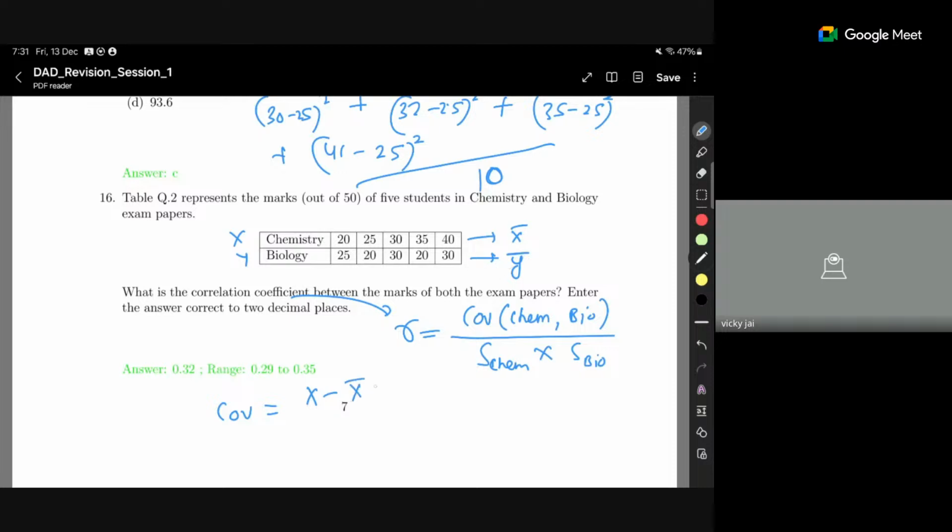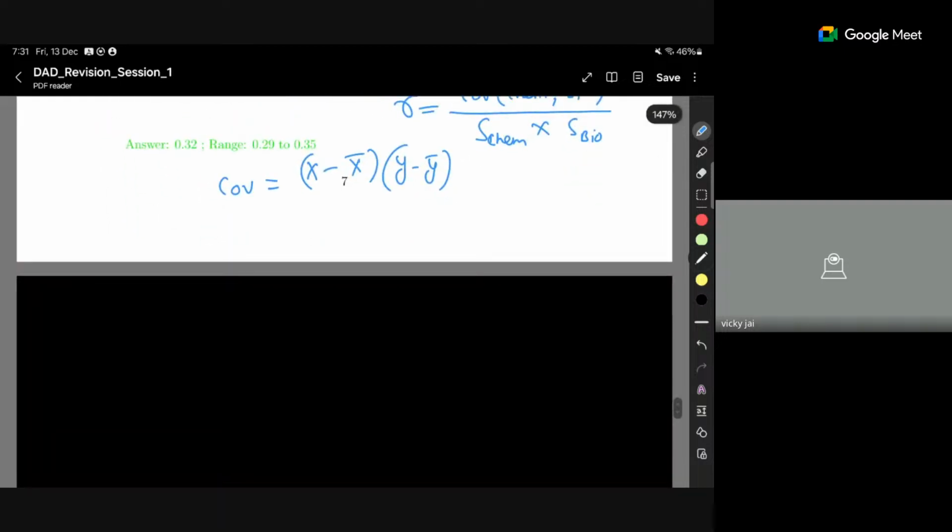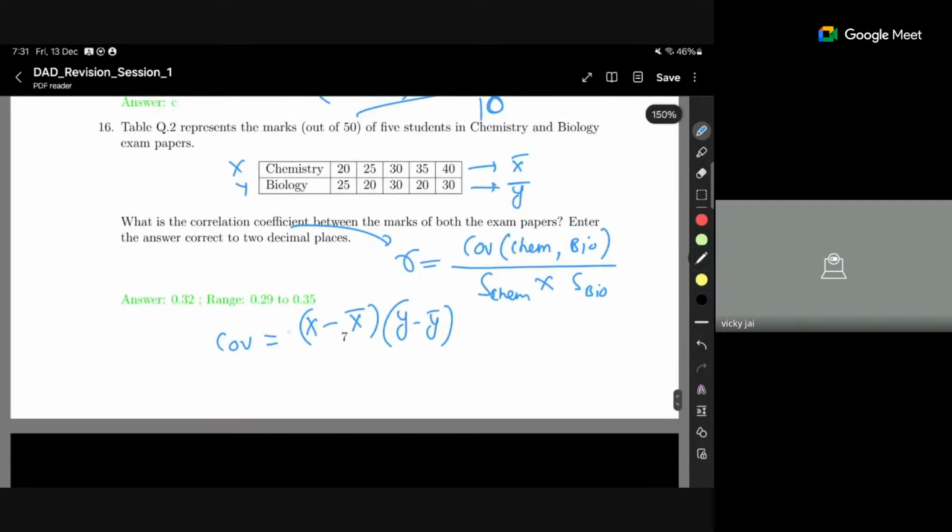Then I'll take x minus x bar and y minus y bar, multiply both of them, take the summation of that, and divide by n minus 1 if it's a sample. If it's a population, I'll divide by n. That is what covariance is.